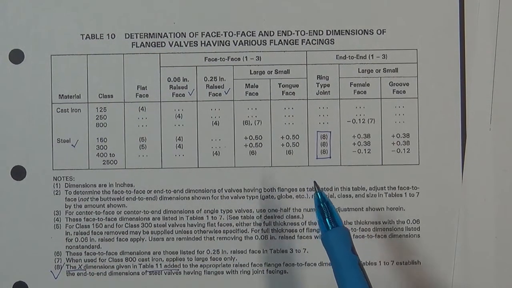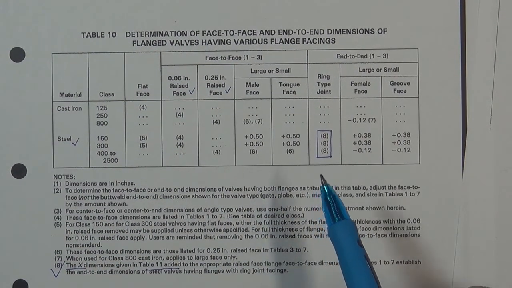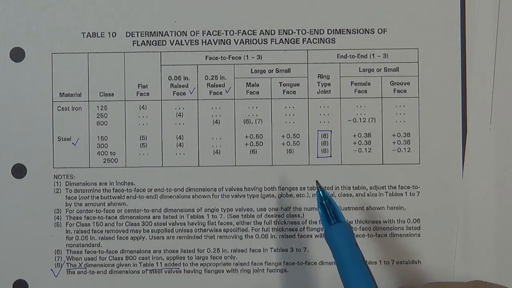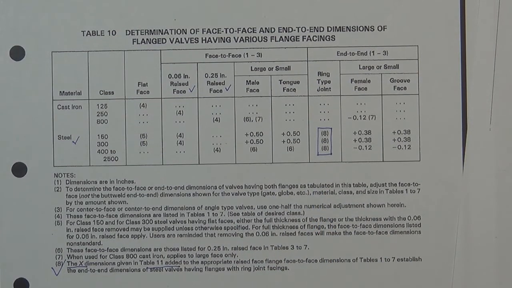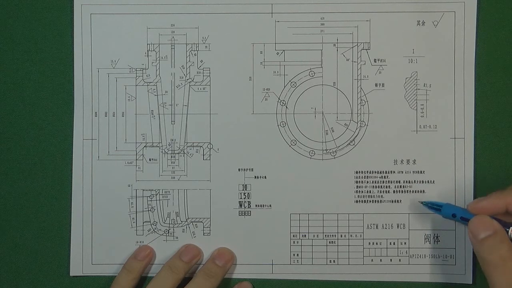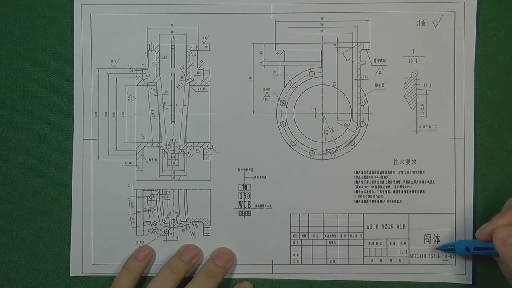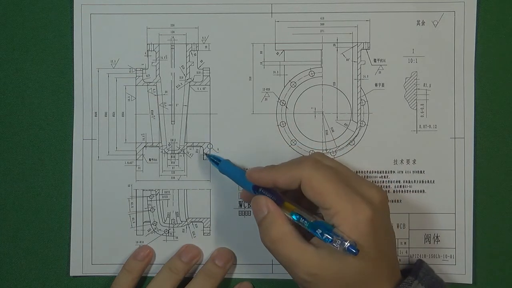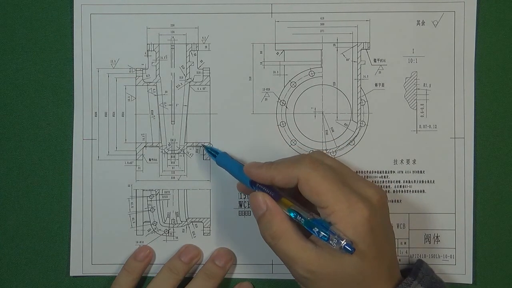So next, I will give you 3 examples to show how to use ASME B16.10 to find the correct design factor for the valve length. The first one is a gate valve body. This gate valve is a 10 inch, 115 pressure class gate valve. This gate valve body uses raised face for the flange connection.